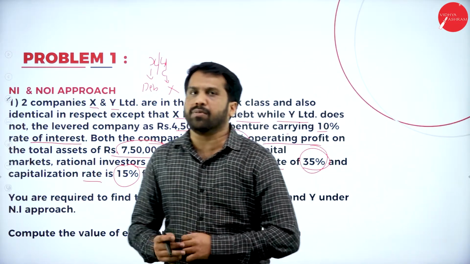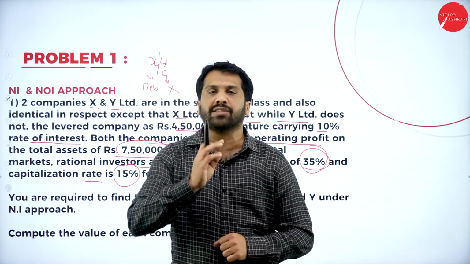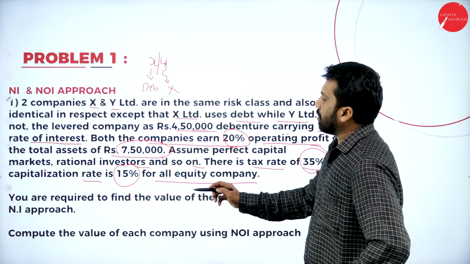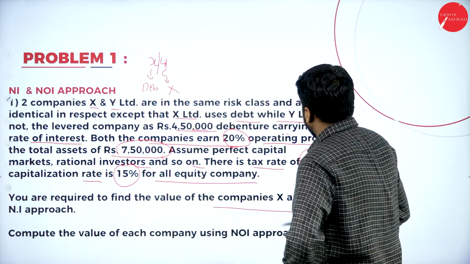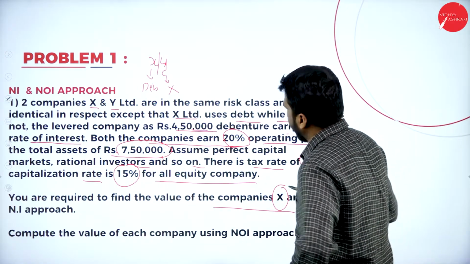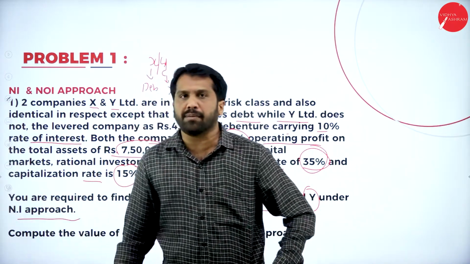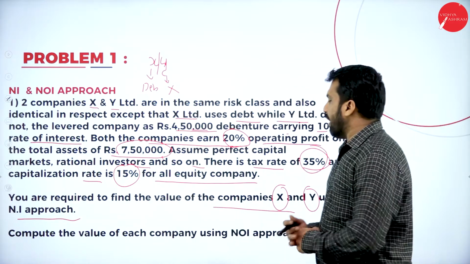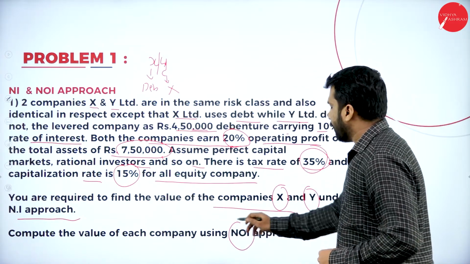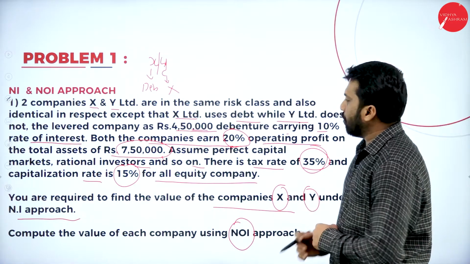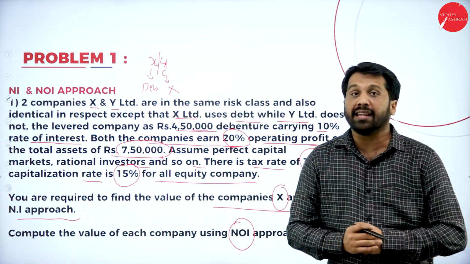Cost of capital, we can call it as capitalization rate. Now, we have all the information. You are required to find the value of the companies X and Y under NI approach, net income approach. Now, compute the value of each company using NOI approach. For each company we have to go for NOI and first we have to find out NI.